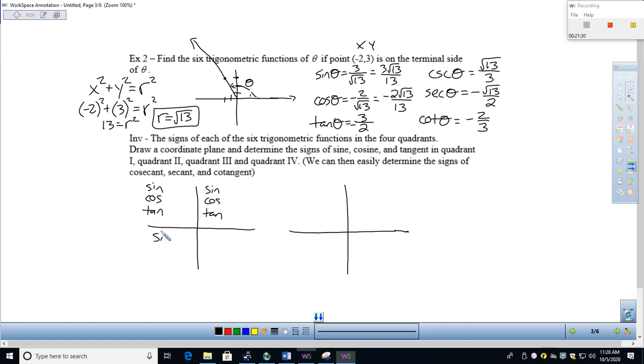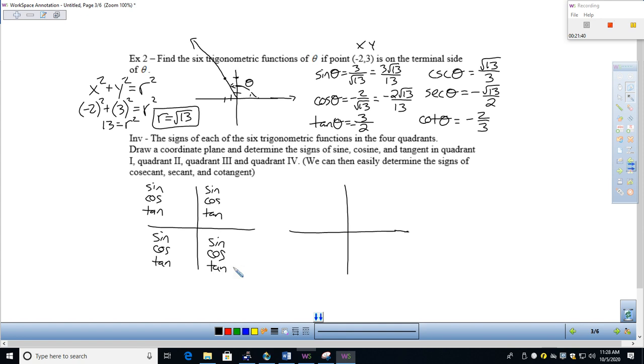And what I'm going to ask you to do is just put a little positive symbol or negative symbol for each of those based on the definition. So we know sine is y over r, cosine is x over r, tangent is y over x. So take a moment if you would, pause me please, and fill in all 12 of those. I'm going to do this in just a sec, and we'll see if you went 12 for 12.